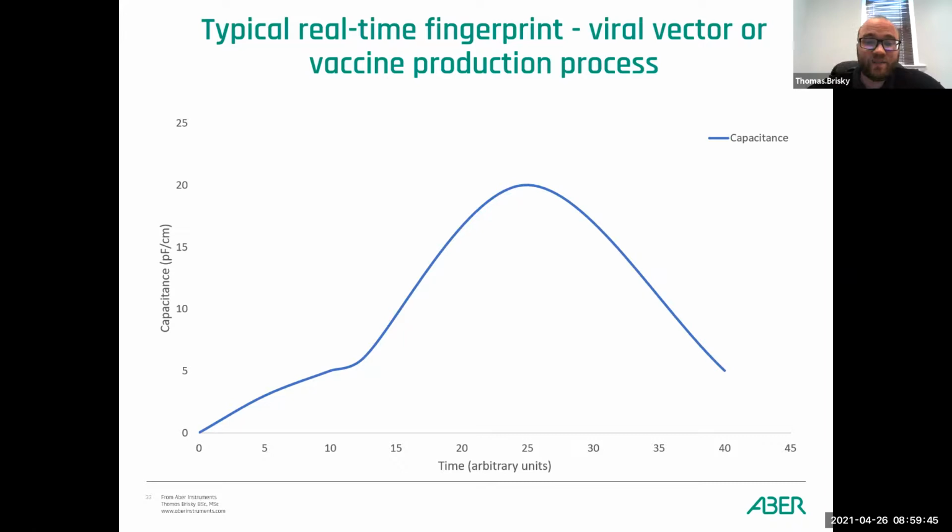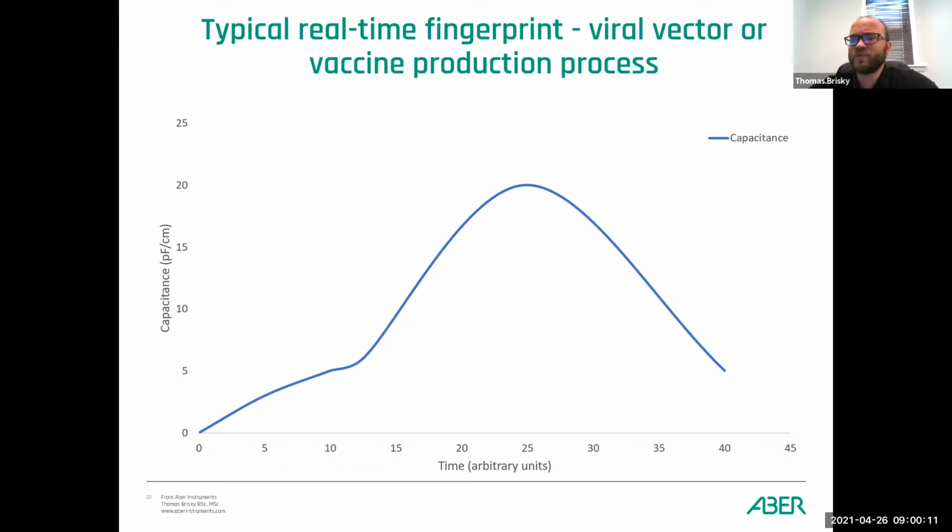This is an interesting application, as cells tend to slow down reproducing drastically after infection. But what they do is they swell up in size as more product is made. This is captured by capacitance, as it is a measure of biovolume, which is cell density multiplied by the average cell volume. So let's explore the use of capacitance in such processes.